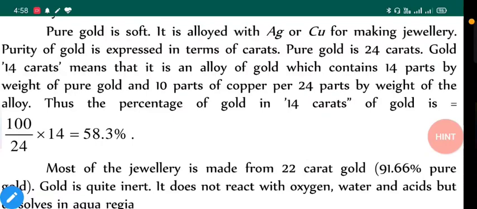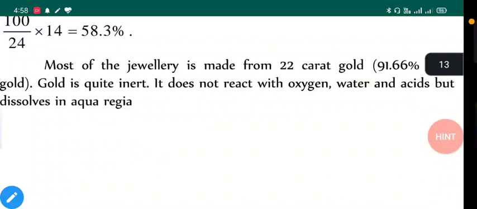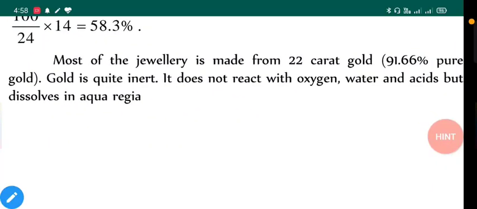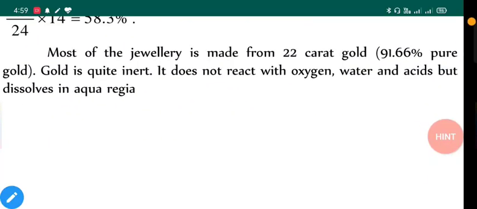Usually our ornaments are made of 22 carat gold for comparatively high purity ornaments, and rose gold contains 18 karat gold. So 22 karat gold, which is 91.66% pure, has the iconic color known as golden color, which we observe as the color of ornaments.